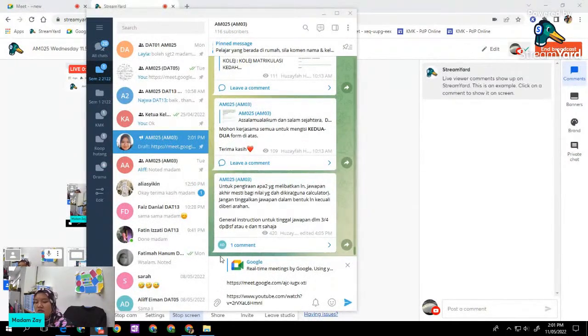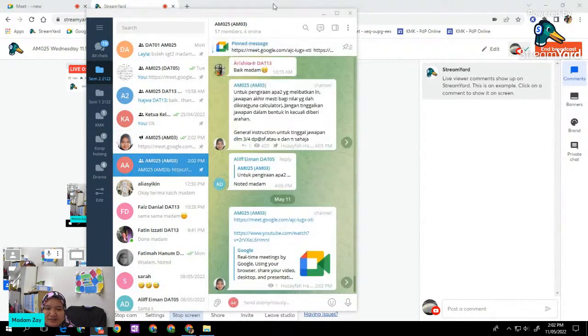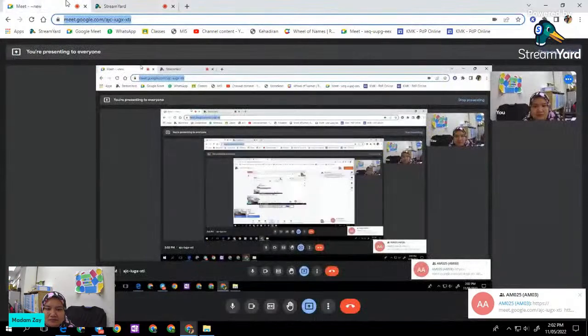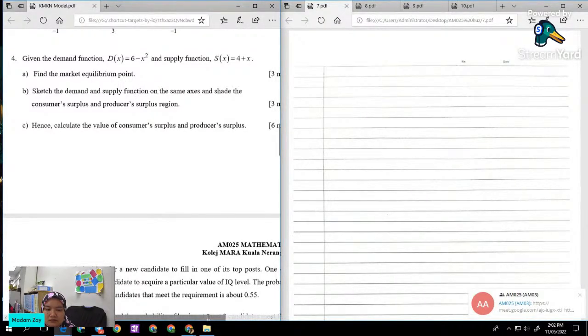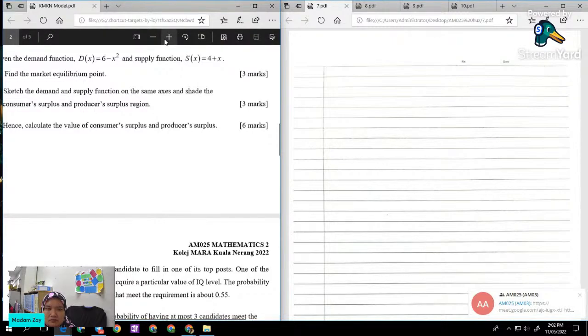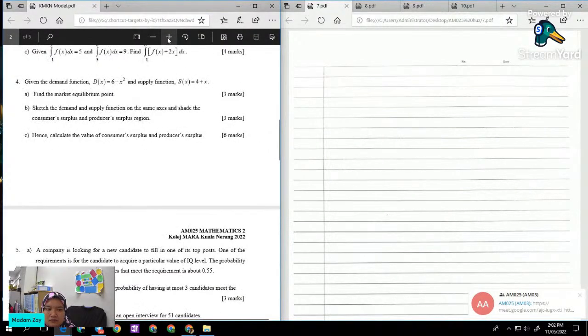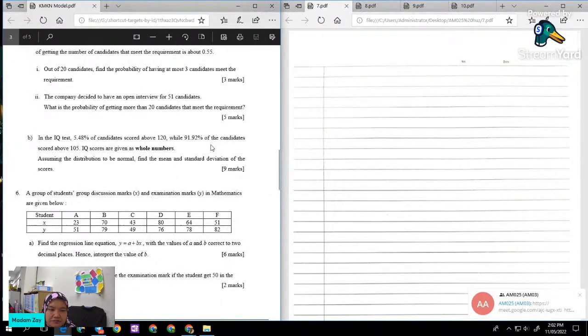Biasanya puasa penuh ni kalau orang mengandung lah. Ya.